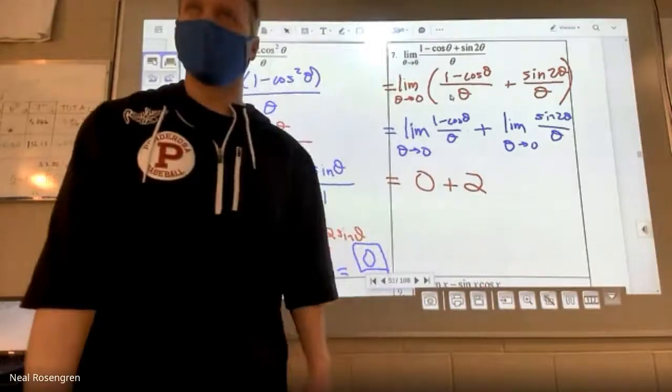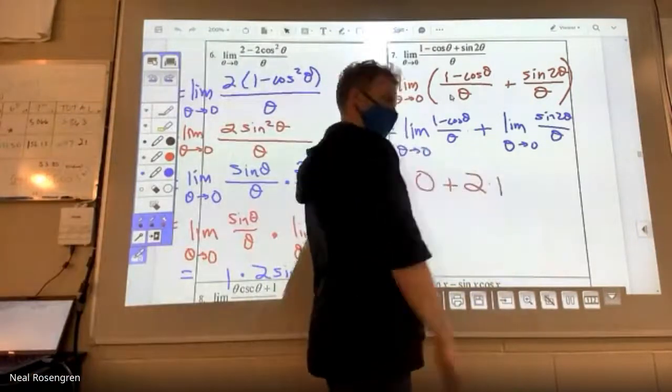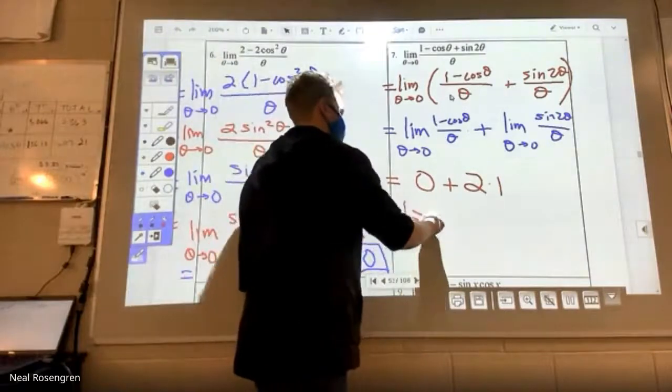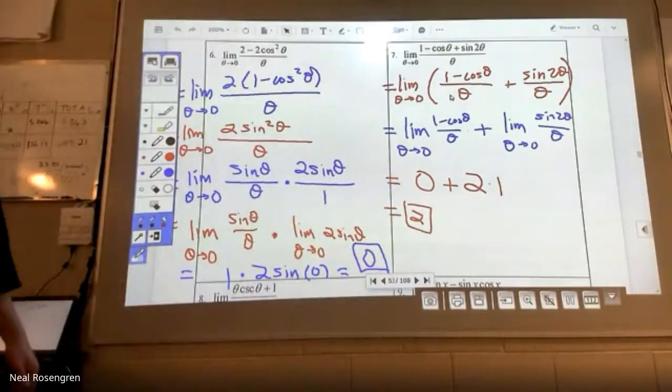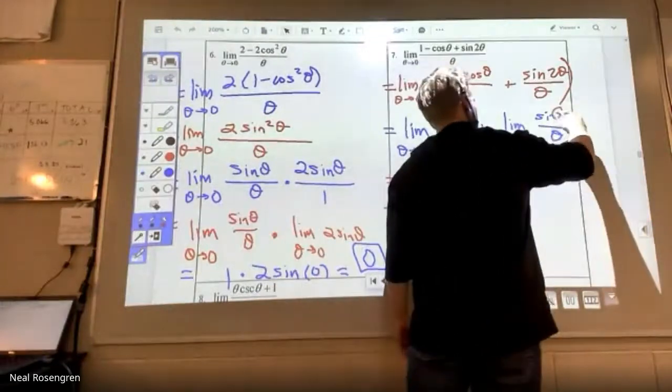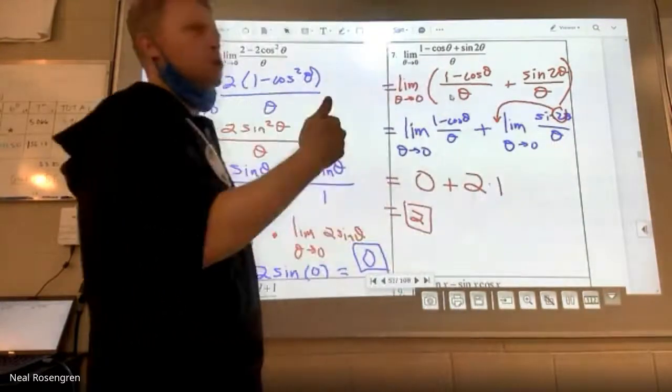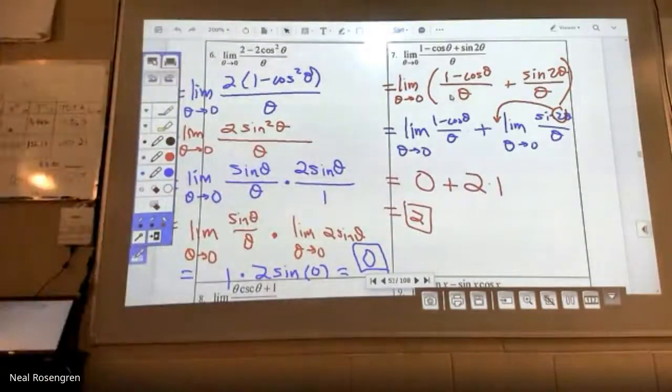It's like 2 times 1 is really what's happening. It's almost like you're factoring out the constants from the limit. Like this 2, we're able to pull that out in front and say, oh, 2 times the limit of sine of theta over theta. Oh, that's 1. Okay, cool. And that's the idea. That's the plan.